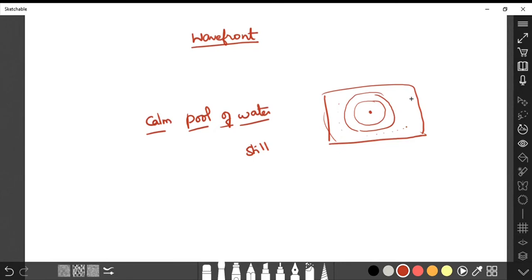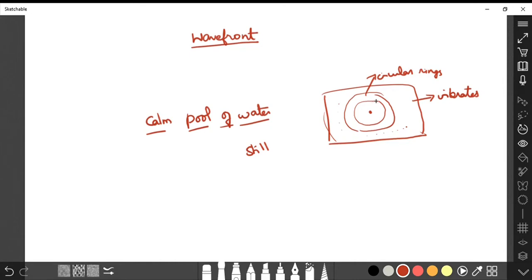If at any instant of time you take a photograph, the surface of the water shows circular rings on which the disturbance is maximum.